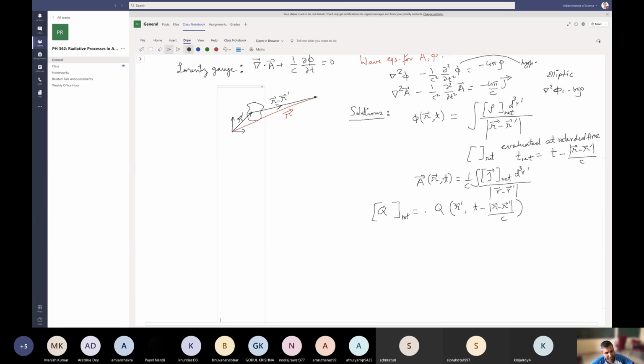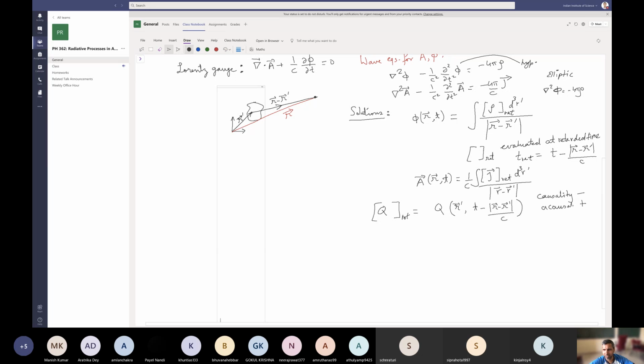Now, mathematically speaking, if you have a plus sign here instead of the minus sign, you can show that these equations are also satisfied. That's called an advanced potential. But because of causality, we choose the negative sign rather than the positive sign, which is acausal.